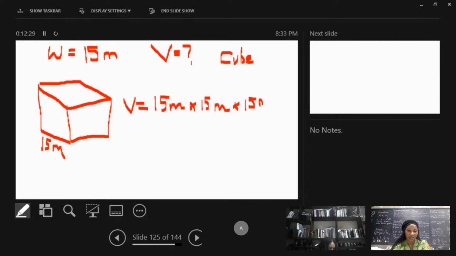And how much is that? Miss, 3,375. Units? Meters squared? Meters cubed. Meters cubed. All right.